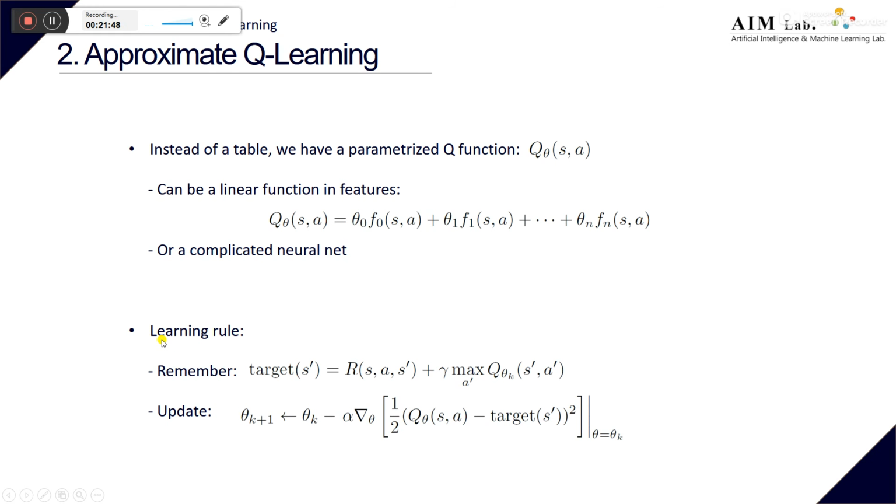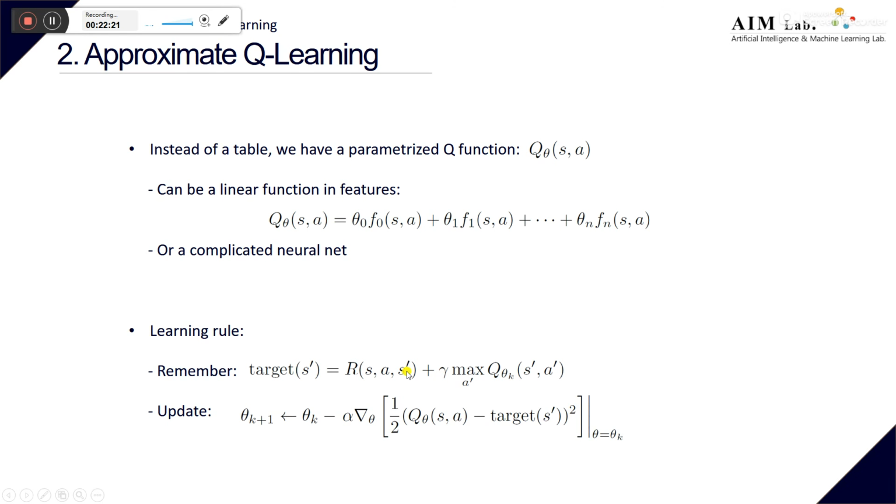For the learning rule of approximate Q-learning, we use the same definition of target as we did in tabular Q-learning: the immediate reward plus gamma times the maximum Q value. But here, instead of Q table lookup, we use the parameterized Q function.